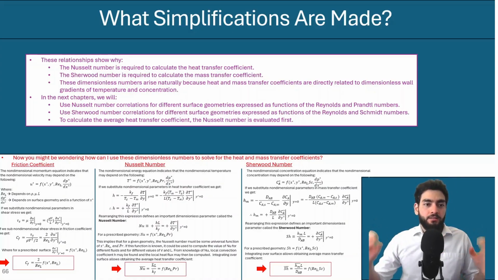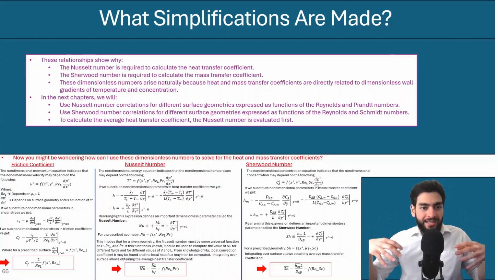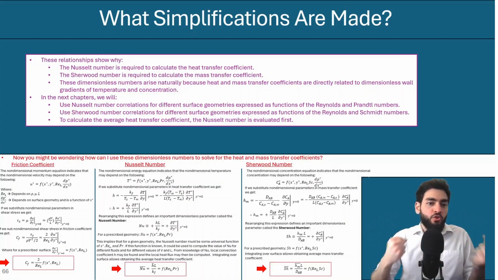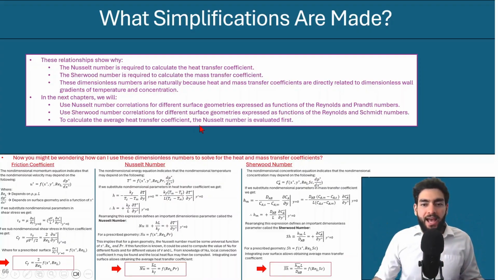In the next sections or chapters, we're going to use what we've learned. We're going to use the Nusselt number correlations for different surface geometries, expressed as a function of Reynolds and Prandtl numbers, as I mentioned. And for Sherwood, we're going to look at the Sherwood number correlations for different surface geometries expressed as a function of Reynolds and Schmidt numbers.